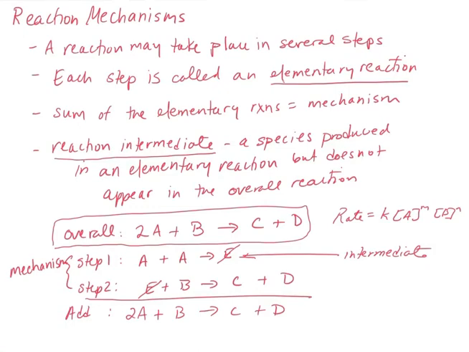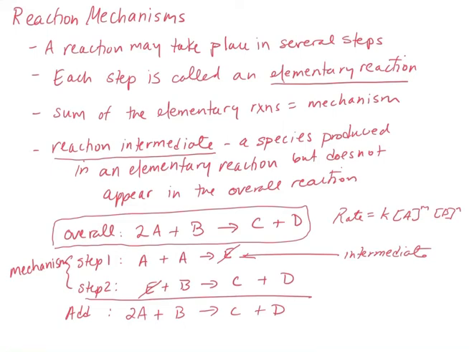We can detect its presence in very small concentrations during the mechanism, but once the reaction is over, it's all gone because it doesn't make it all the way through to the products. So that's what an intermediate is: a species produced in an elementary reaction, but it does not appear in the overall reaction. Hopefully this gives you a flavor of where we're going with this and how to interpret some of these things.